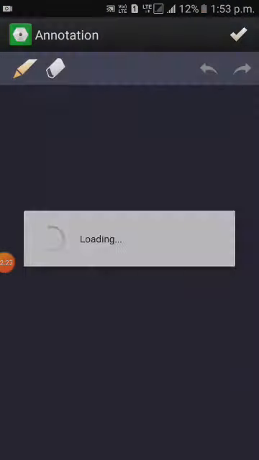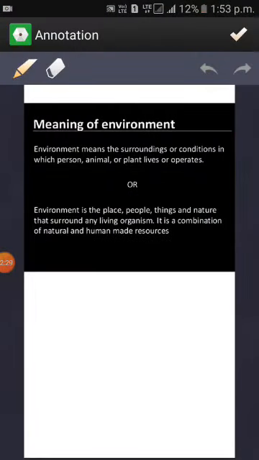Or we can say environment is the place, people, things and nature that surround any living organism. It is a combination of natural and human made resources.